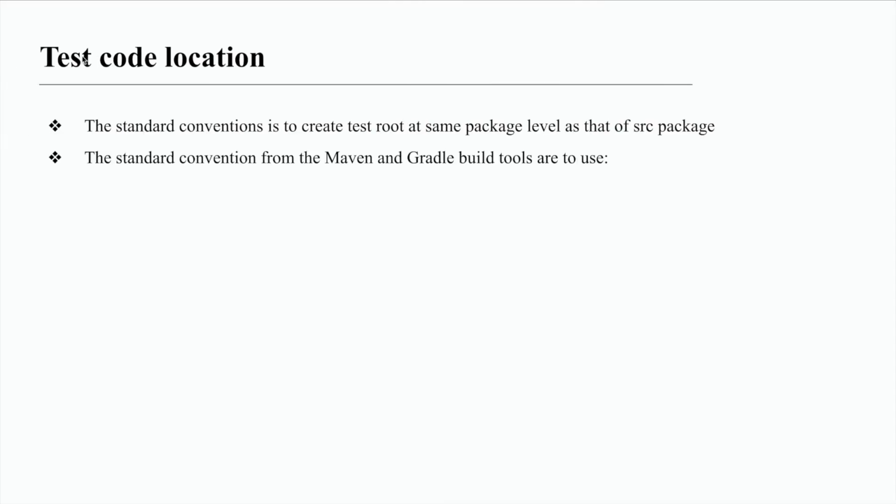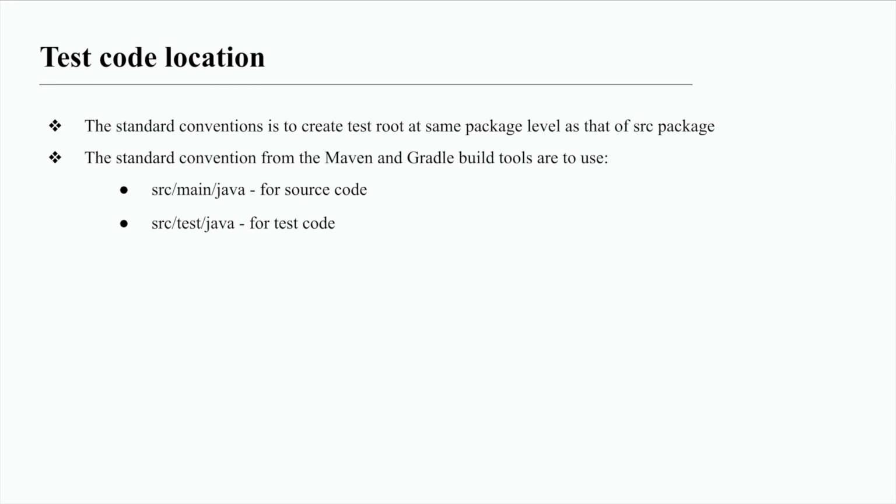From the Maven or Gradle build system, or in any Java or Android project, or in general for any language, the standard convention is to use src/main/java for source code and src/test/java for test code. So observe the difference here. The test package is created in order to save your test code. This is where you should keep all of your test code, in the src/test/java package.